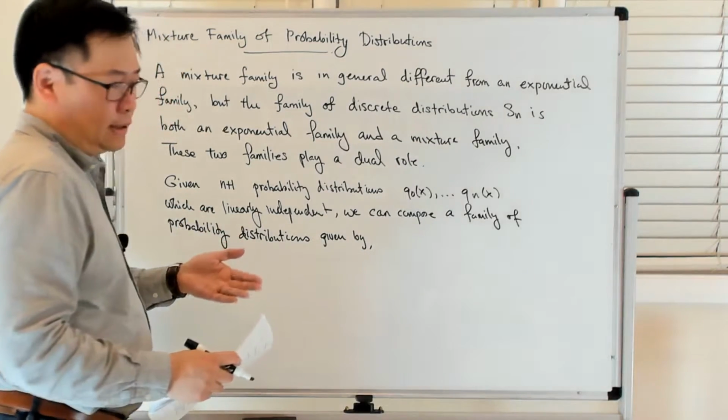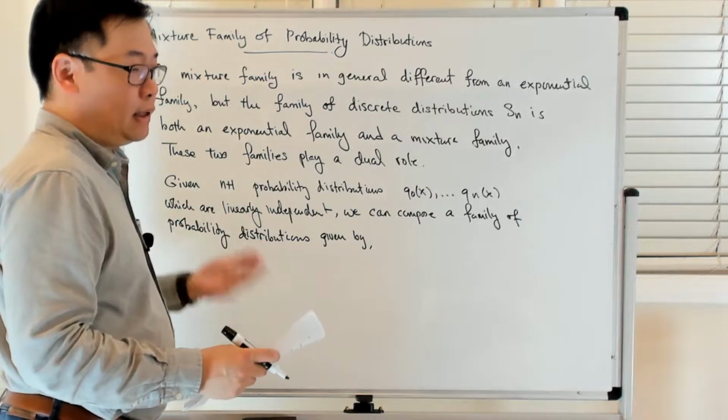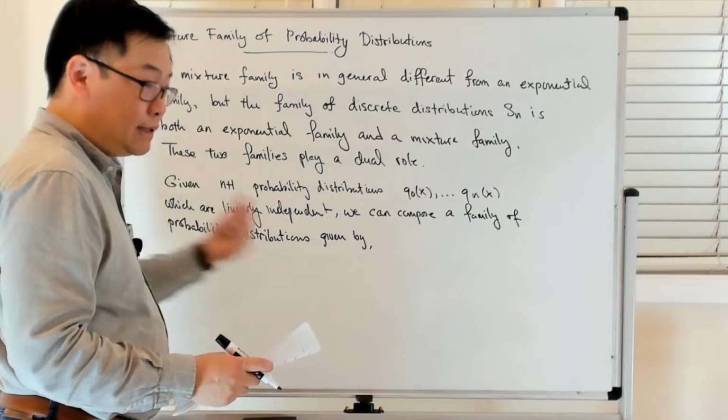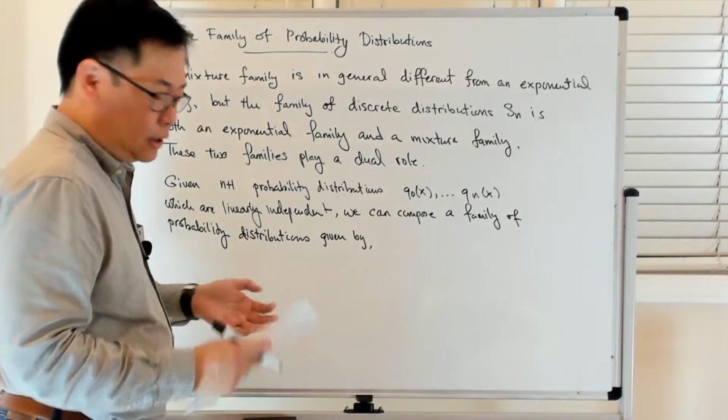What you're going to do essentially is take a convex combination of these probability distributions, and by taking a convex combination, you guarantee that the resulting object is again a probability distribution, in the sense that it satisfies a normalization condition.